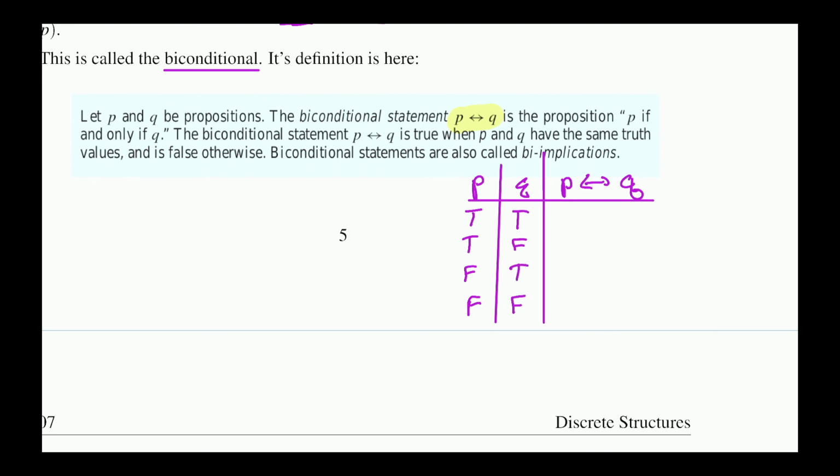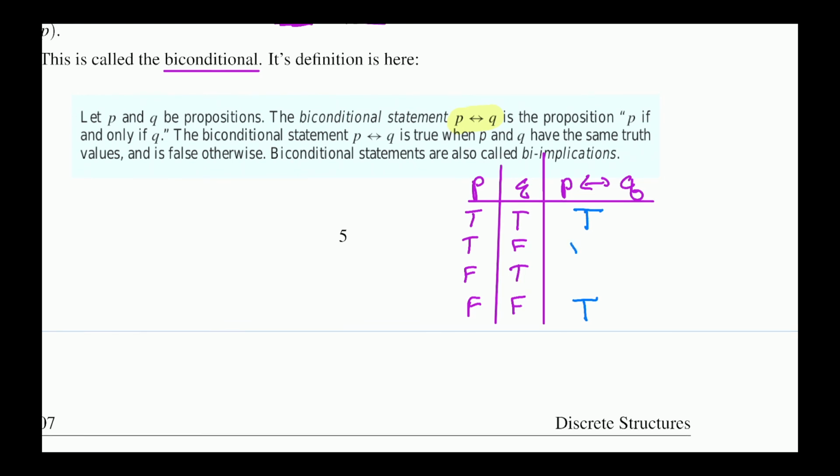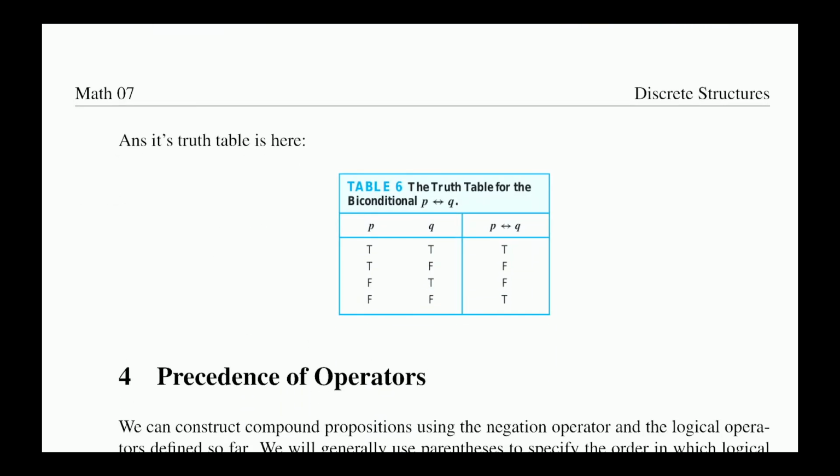It's true when they have matching values. So true, true is true, and false, false is true. On the other two they don't match, true, false and false, true, so those come up false. That's the truth table. When you say if and only if, you're saying that they're the same: both true or both false.